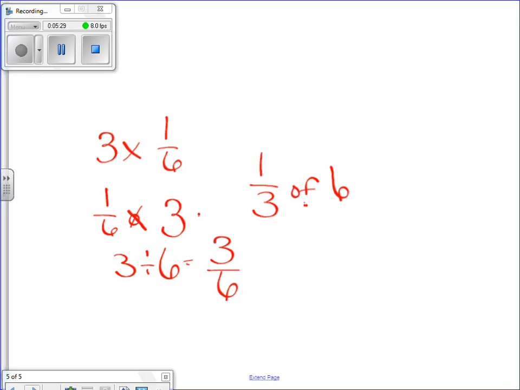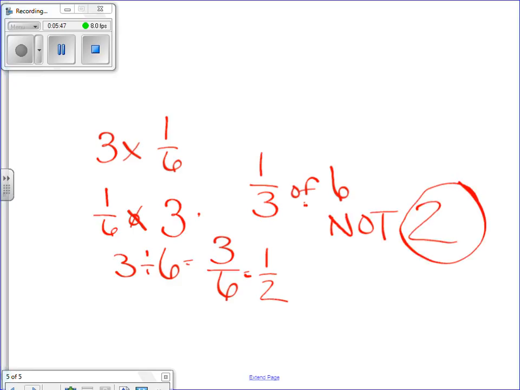So 3 divided by 6. This is what you should have. 1/2. Or 3/6. Not 2. You tell me 2, you switched it to make it work. That's all you have to do.